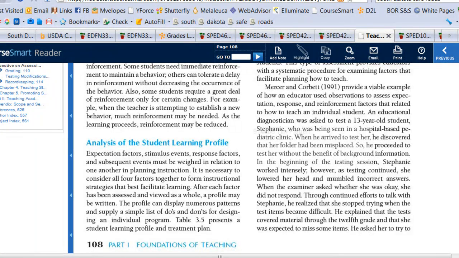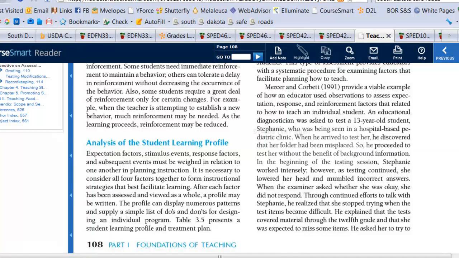Read this to you. An educational diagnostician was asked to test a 13-year-old student, Stephanie, who was being seen in a hospital-based pediatric clinic. When he arrived to test her, he discovered that her folder had been misplaced, so he proceeded to test her without the benefit of background information. In the beginning of the testing session, Stephanie worked intensely. However, as testing continued, she lowered her head and mumbled incorrect answers.